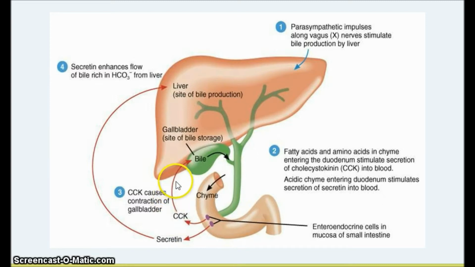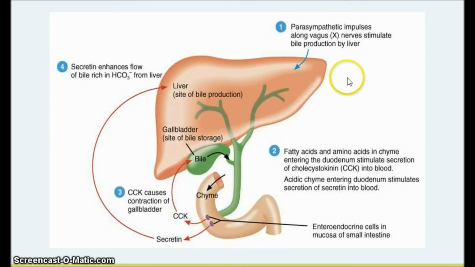CCK's purpose is mainly to stimulate the release of bile from the gallbladder. So the release of bile from the gallbladder will allow bile to enter the small intestines, and the bile will help in the degradation of the fat molecules.